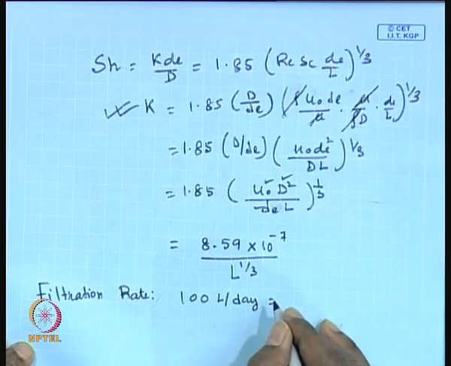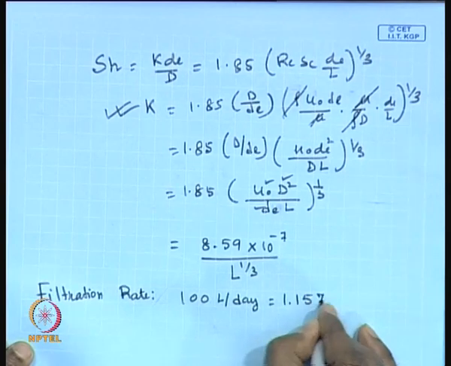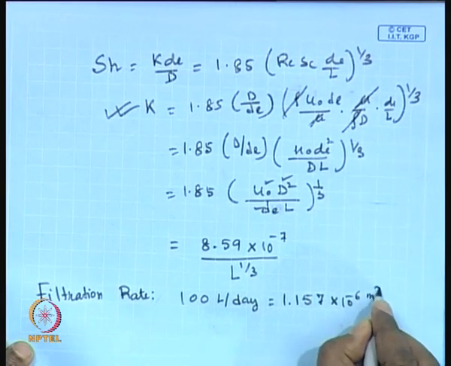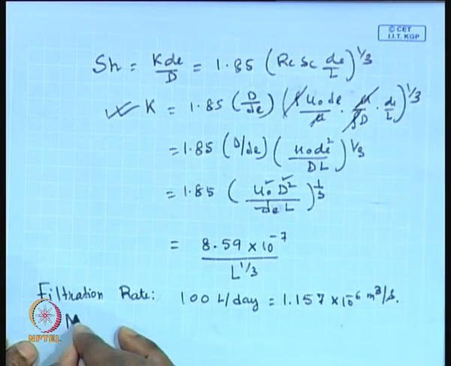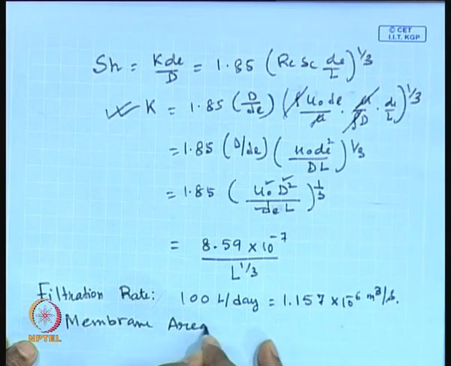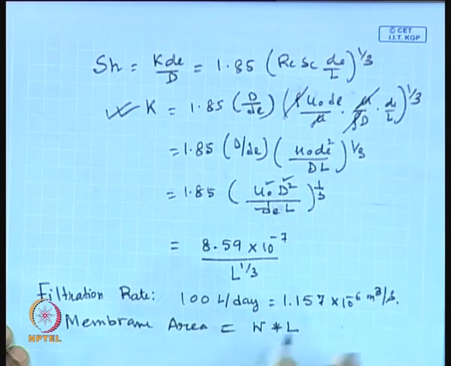If you convert it into meter cube per second, it turns out to be 1.157 into 10 to the power minus 6 meter cube per second. And what is the membrane area? The width is given and the length you are going to find out. The membrane area will be W times L, that much meter square.